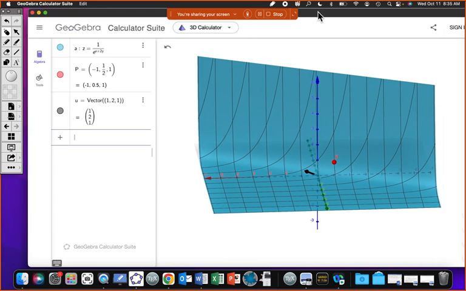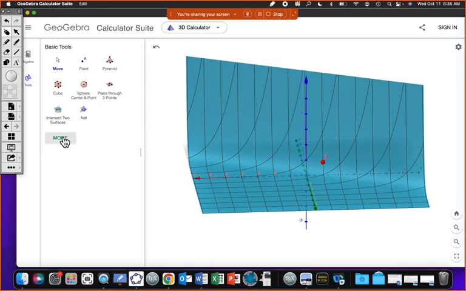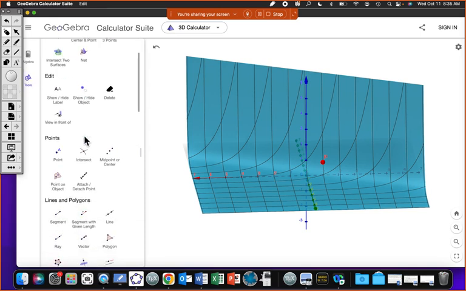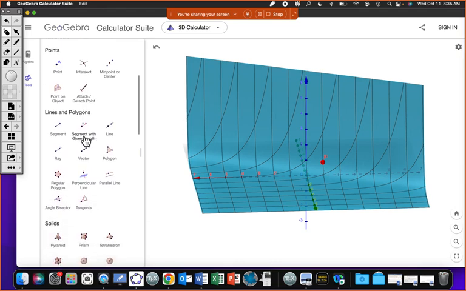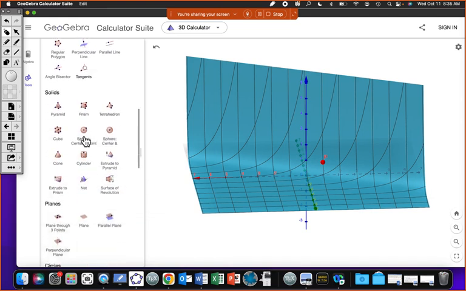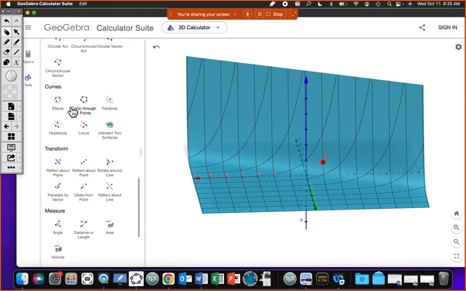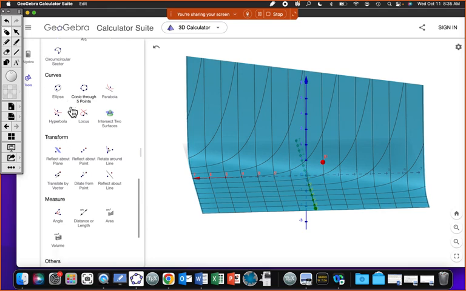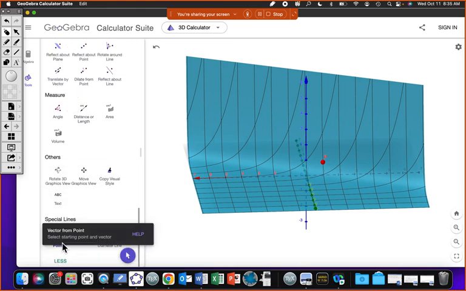And then we're going to translate that vector. So I'm going to take that off, and I'm going to translate the vector from a point. So we'll pick the point.